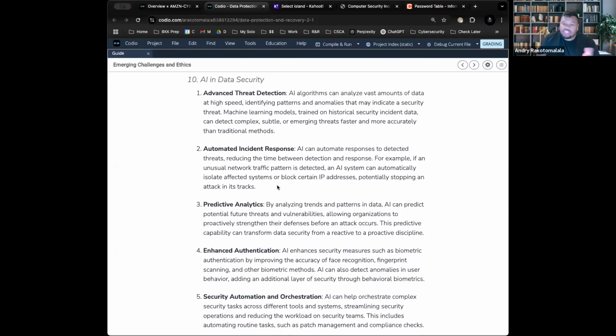That means we can typically automatically turn off that threat. So what's being done a lot right now with AI is if they detect a positive threat, meaning that it's an actual threat, the system will automatically drop that IP address or block it, meaning that it can't affect anything.